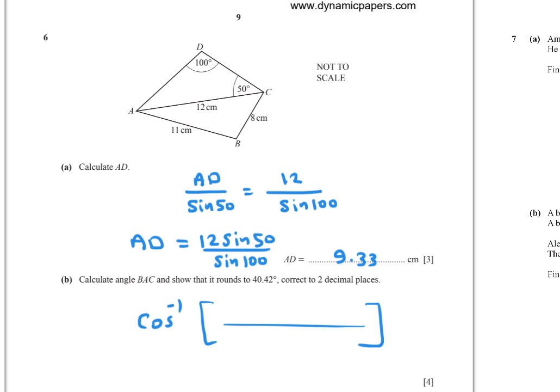The numerator: the adjacent sides squared and added, minus the opposite side squared. So 12 squared plus 11 squared minus 8 squared, over 2 times the two adjacent sides, so 2 times 12 times 11, equals 40.4 to 1 decimal place.